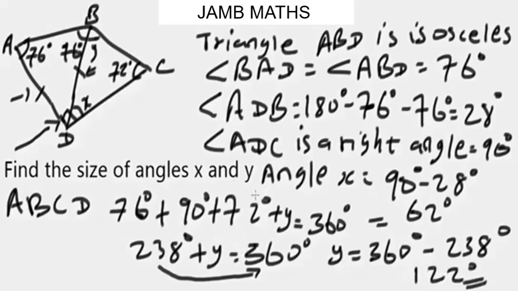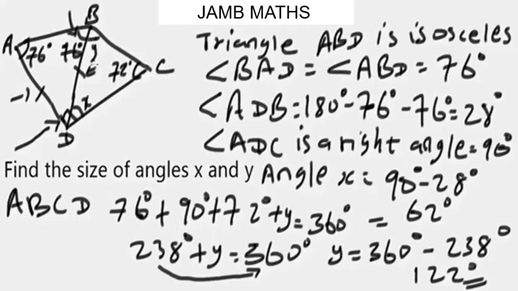Now note that when you are dealing with this kind of problem, if you notice, we didn't include the 76 degrees we have here. We are not expected to include it. Now this 72 degrees is for this isosceles triangle we have here. We just do the calculation using the original values you have inside the shape. So take note of that.